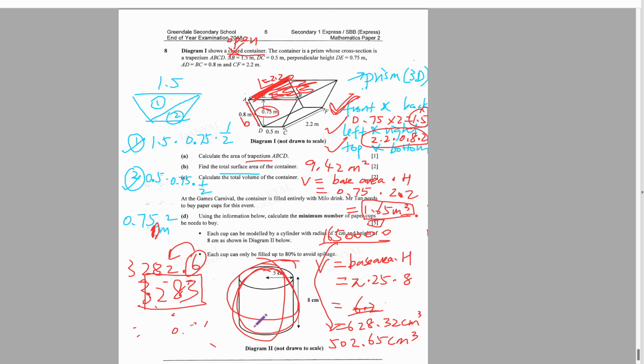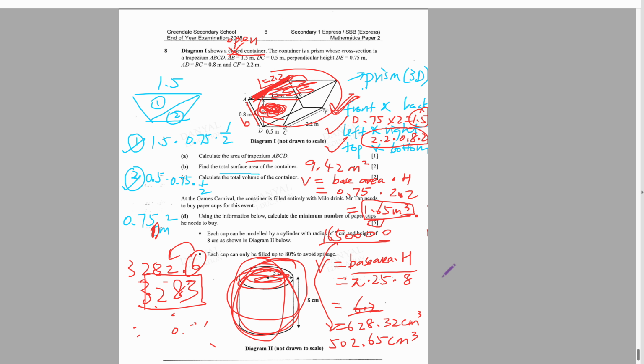Hopefully I have made things easier for you. Volume of cylinder and volume of prism follow the same formula, which is base area times height. Over here the base area is the circle area. For this, the base area is actually this trapezium. So there are students who just don't know.